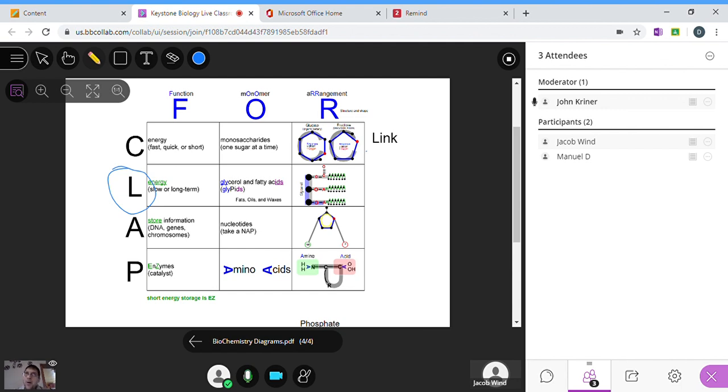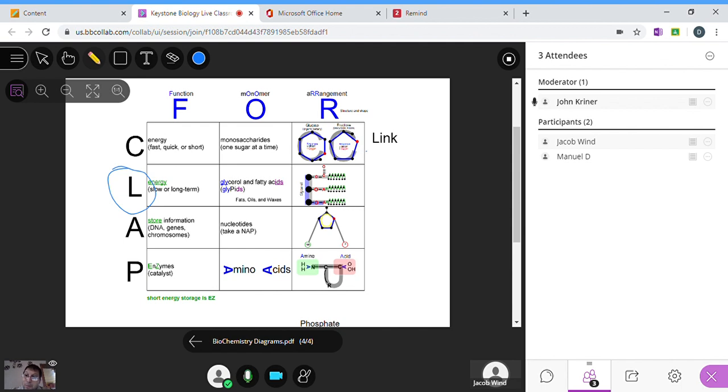You can rip apart lipids, breaking those carbon-carbon bonds, harvesting high-energy electrons that get passed down the electron transport chain, pulling hydrogen ions across the membrane, using that chemiosmotic pressure to power ATP synthase to convert one ADP into one ATP.